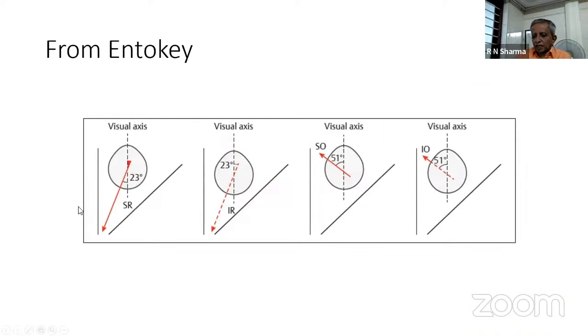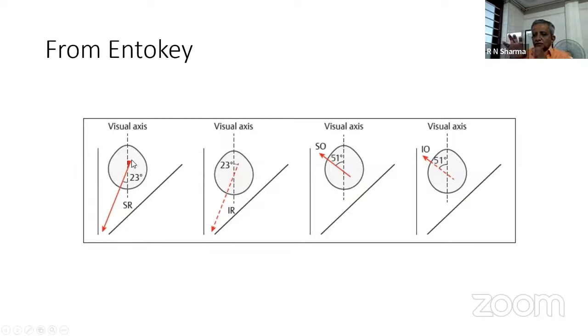Now let us look at the angle which the muscles make with the visual axis. We already talked that the superior rectus will arise from the apex of the orbit, that is the area of the ligament of Zinn, upper part. It runs above the globe.